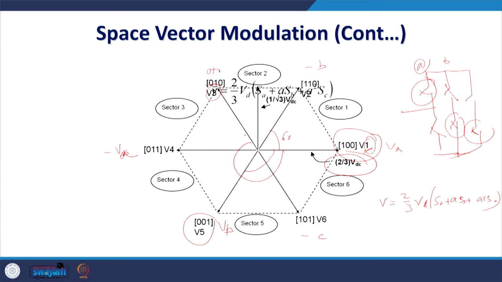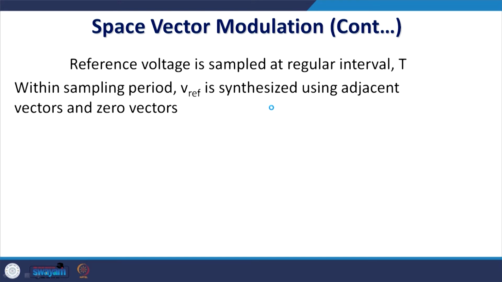And of course, if you do the trigonometry, this is the perpendicular and this value will be 1 by root 3 of the VDC. Now, we require to generate the switching logic for this inverter, so that we can accurately generate those references.